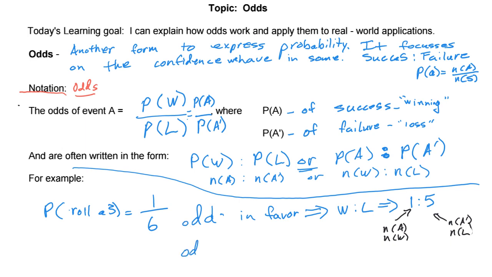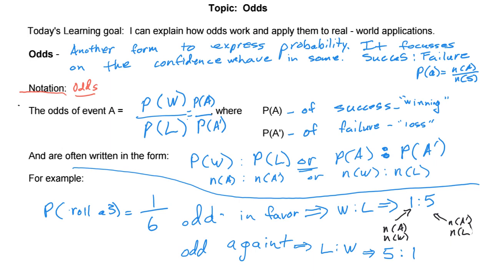So the odds against winning. That means we're looking for the loss to win ratio, which would mean we're going to have 5 to 1. And we're done. Just remember, the odds in favor is always the flip of the odds against.